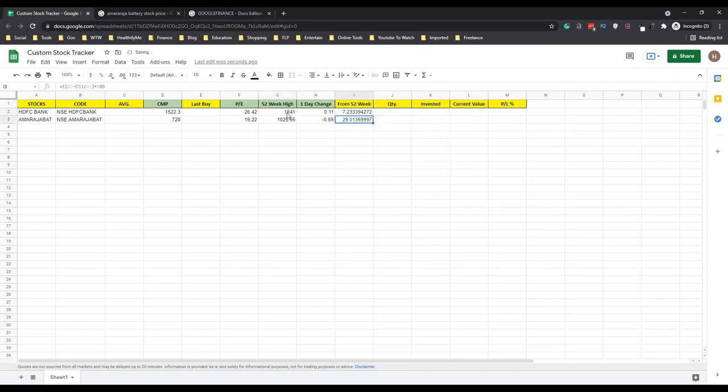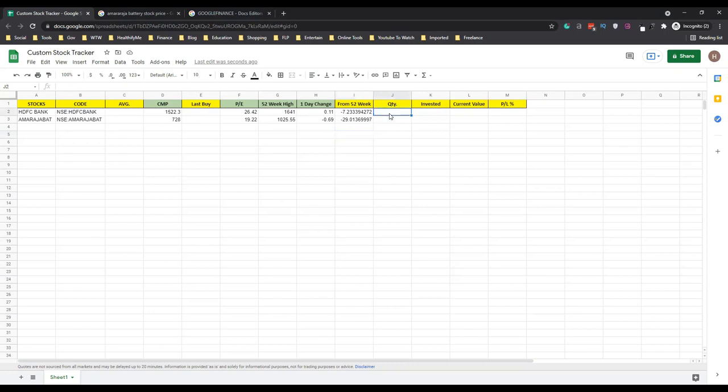We can see the 52-week high was 1641, current market price is 1522, it is 7% down. To denote it is down, we can add a negative sign. So we come to know it is down by 7% and Amara Raja is down by 29%. Depending on this value, if I'm very sure it is a good stock, I can go and bulk buy this stock, right?